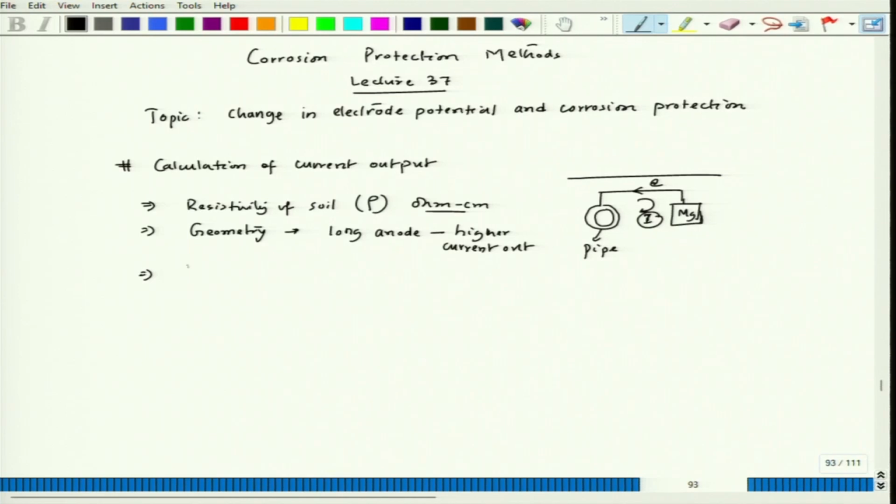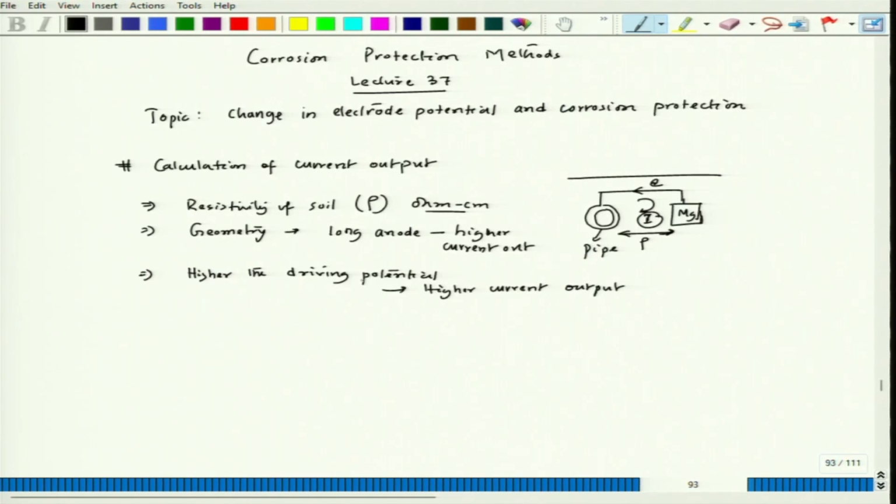And third, the higher the driving potential, the higher would be the current output. Now, resistivity means I am talking about this soil.